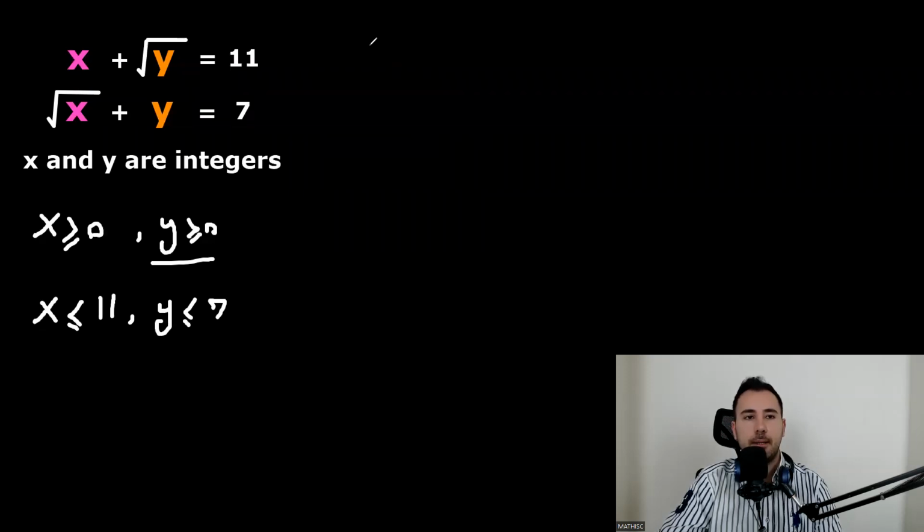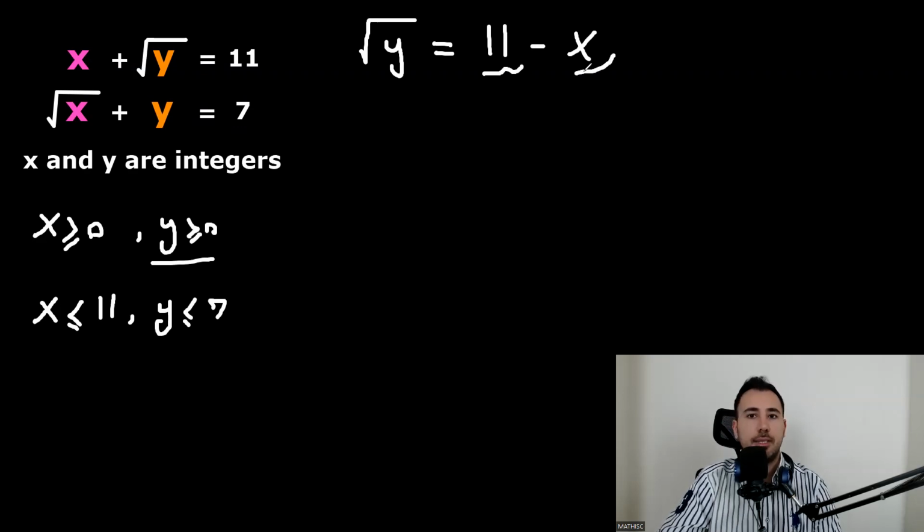Okay. I will write the first equation as square root of y equals 11 minus x. Okay. So 11 is, of course, an integer.